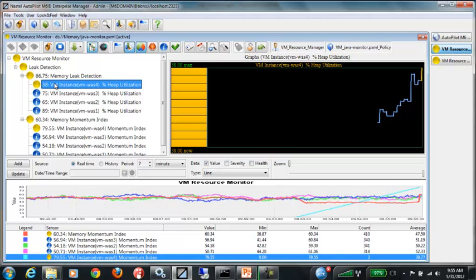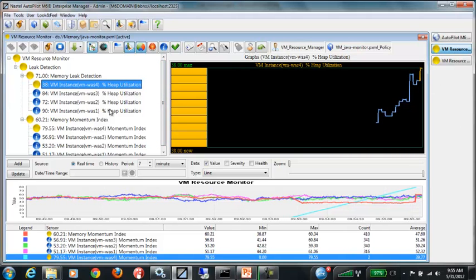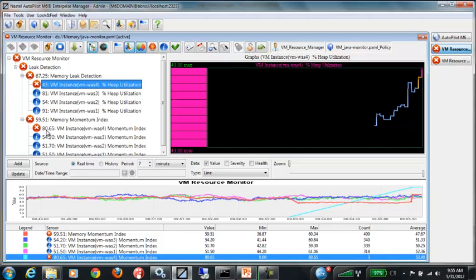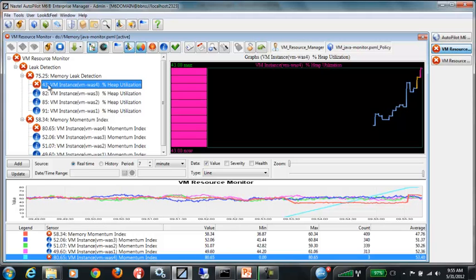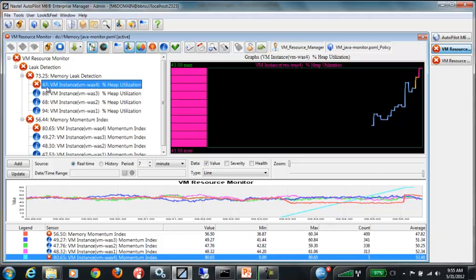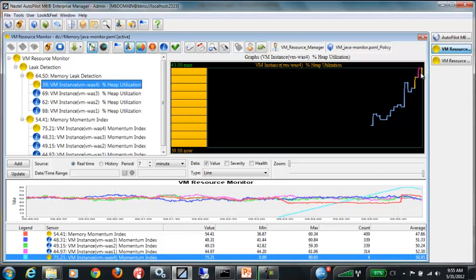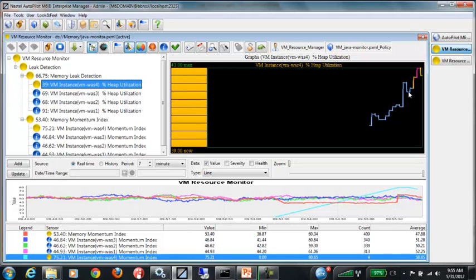As you can see right now, we've turned warning, and the momentum indicator is showing 80%. Now we've turned critical, showing that even though we're at 43% memory utilization, this behavior is in fact a high likelihood of a memory leak.